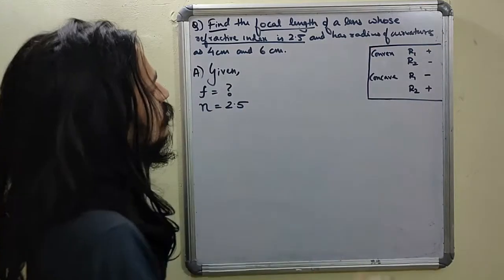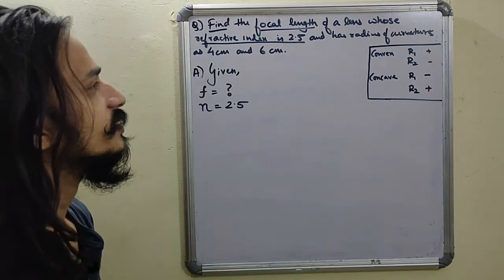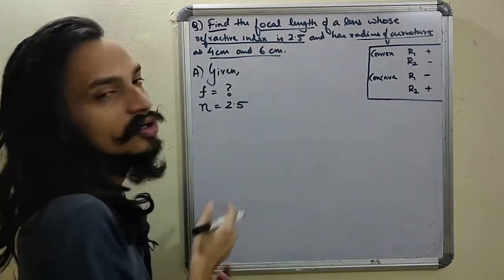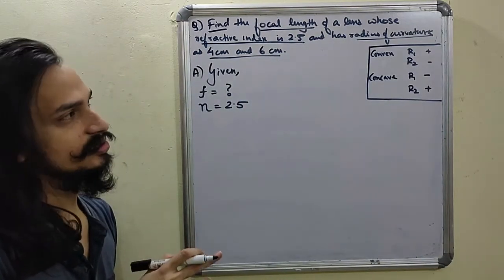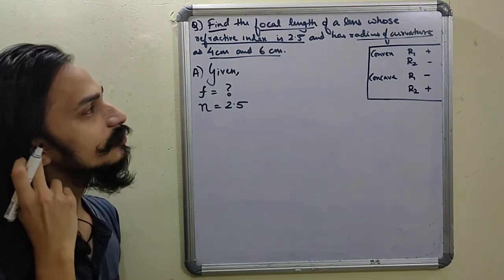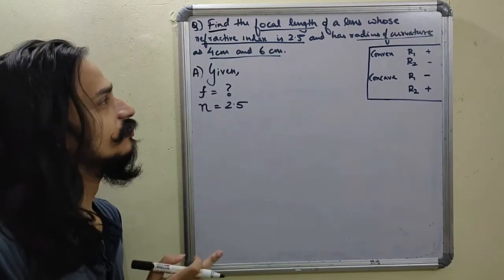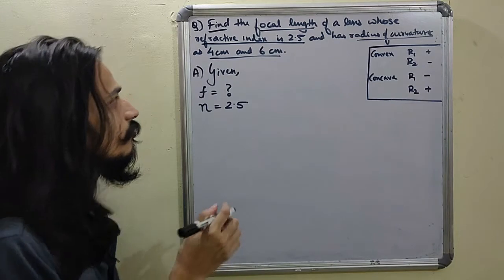And has radius of curvature 4 and 6 centimeters. So it's given you R1 and R2 values, 4 and 6 centimeters. Since the lens type is not mentioned, we don't need to worry about the signage. We can use them as it is.